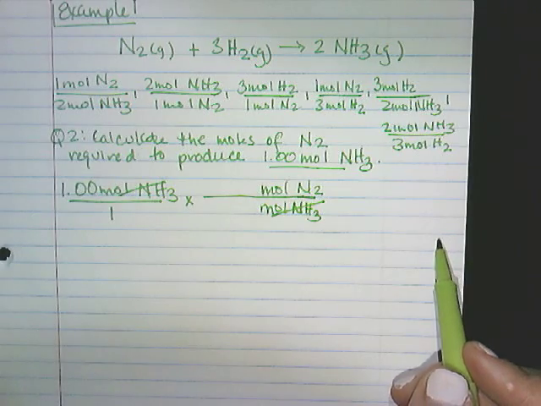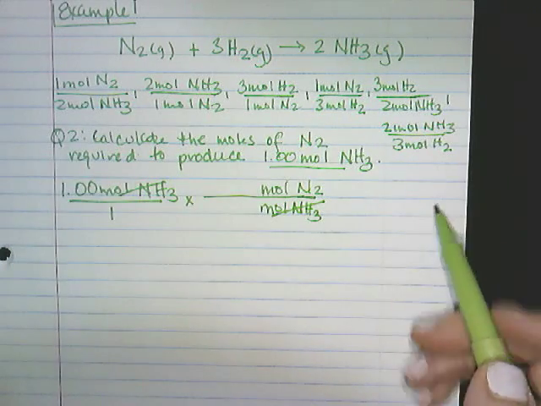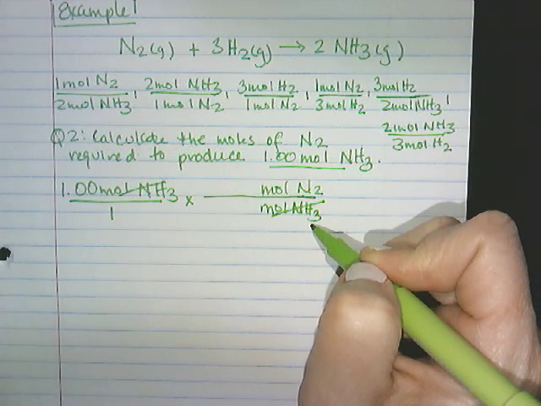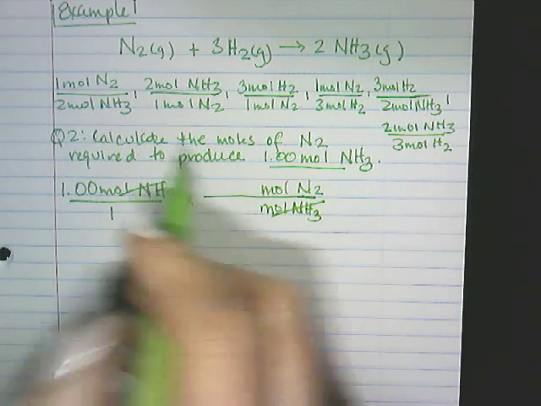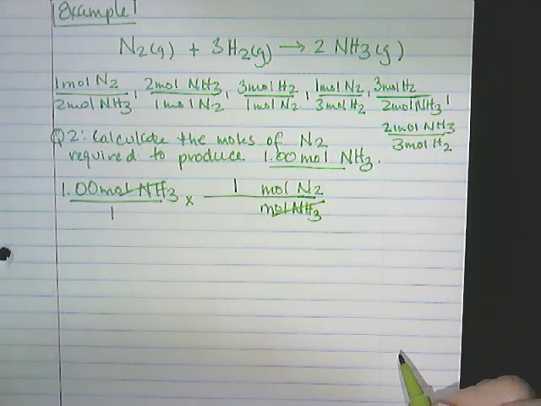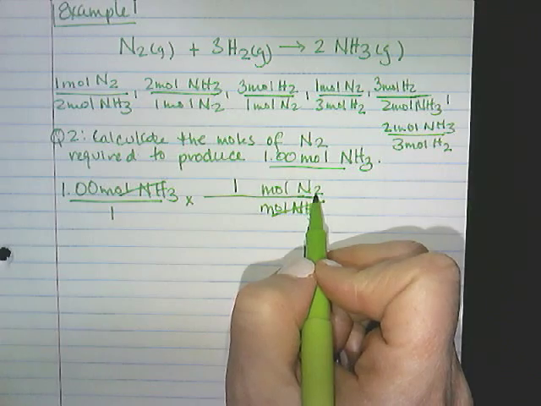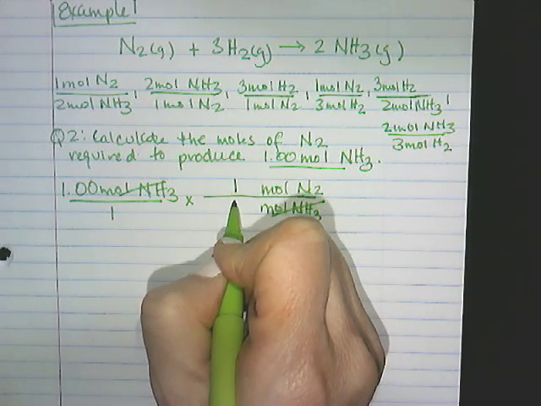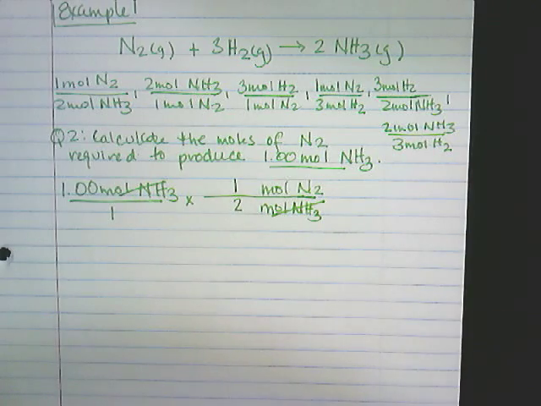So we have to pick one of these mole ratios with N2 as the numerator and NH3 as the denominator. And that's the very first mole ratio. So we would have 1 mole of N2 being reacted in order to produce 2 moles of NH3.